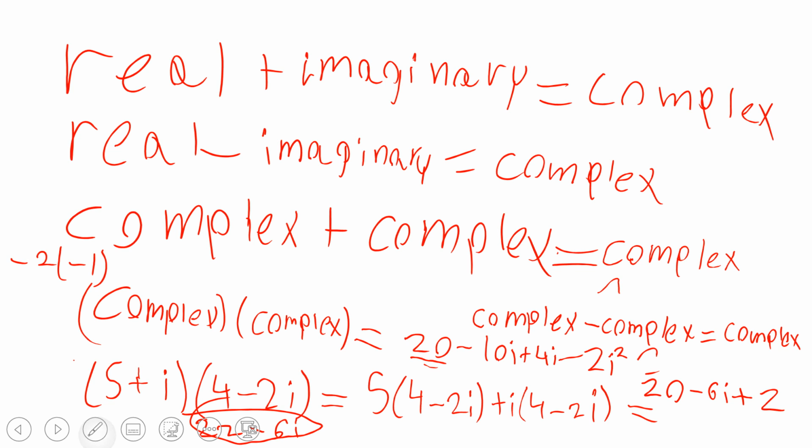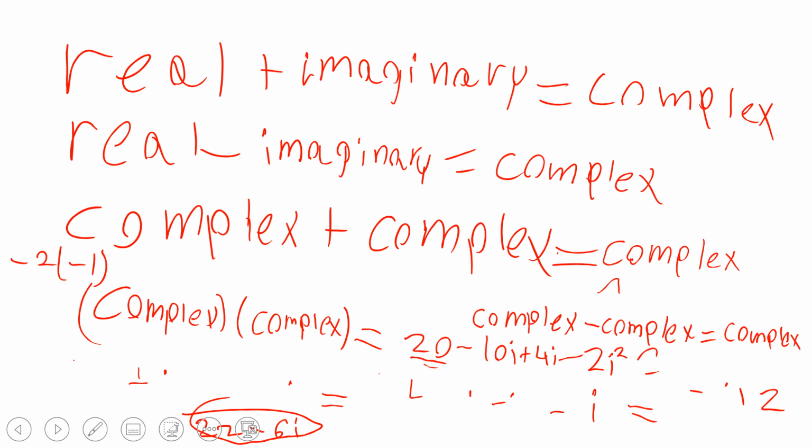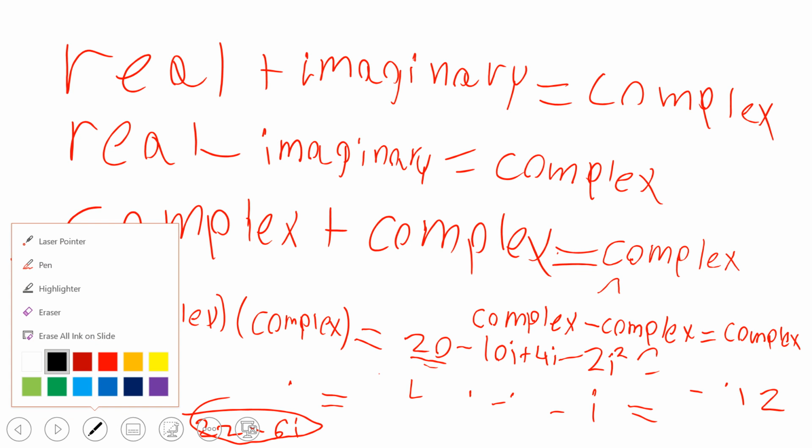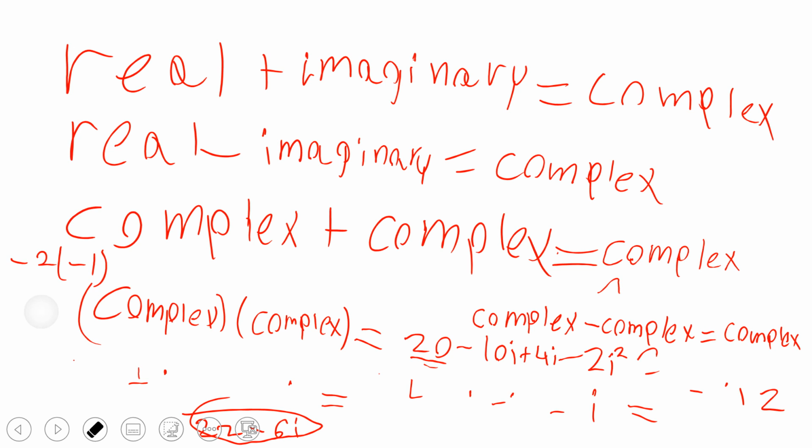So now we know that if we multiply two complex numbers, we're going to get another complex number. Since 22 minus 6i, that's a complex number.